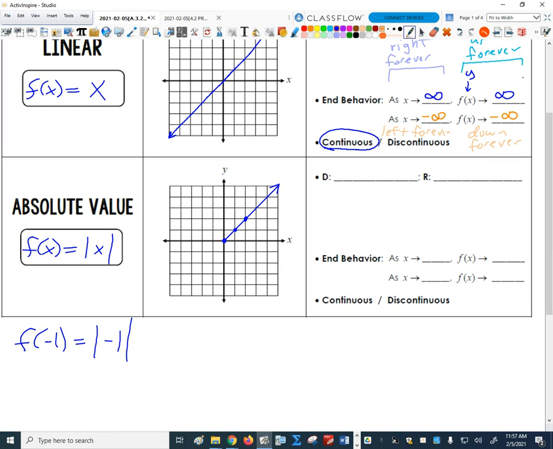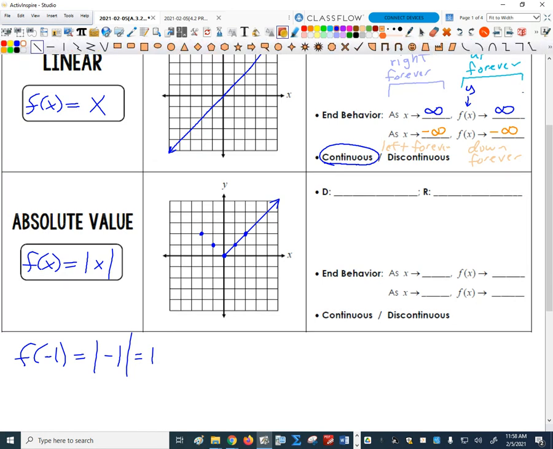So I've got the ordered pair -1, 1. What if I plug in -2? Well, the absolute value of -2 is 2, right? And so on and so forth. And so we end up with something like that, right?